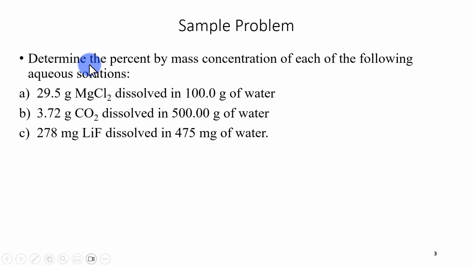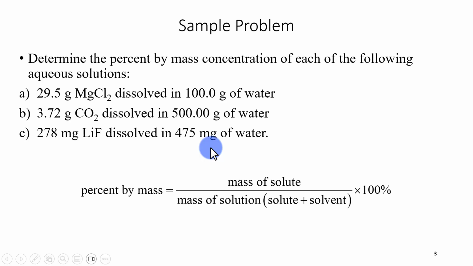Here's a sample problem. Determine the percent by mass of each of the following. If I have 29.5 grams of MgCl2 dissolved in 100 grams of water, 37 grams of a second salt dissolved in 500 grams, and 278 milligrams dissolved in 475 milligrams. For this last one, make sure that you convert the milligrams to grams.